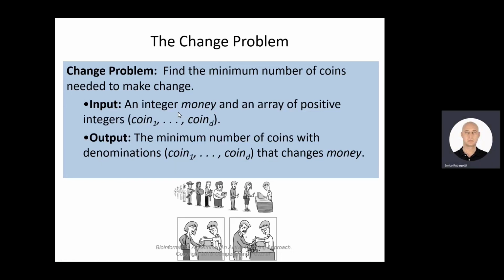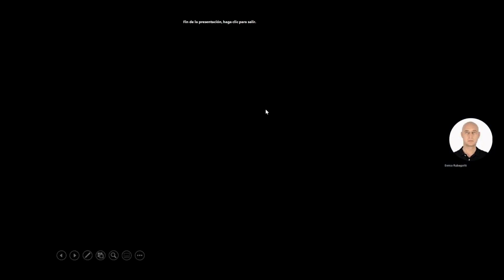So, as an input, we have an integer, money, and an array of positive integers. And as output, we have the minimum number of coins with the specific denomination. And we are going to discuss it in the next class.